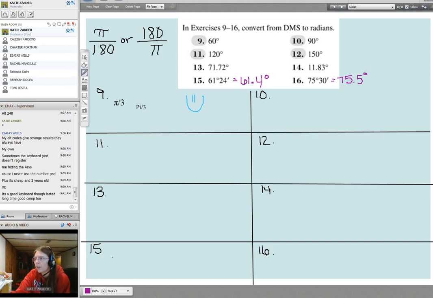Okay, and I went and converted 15 and 16 to that decimal form. So 61.4 degrees and 75.5.